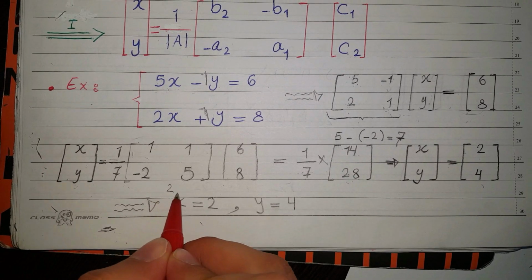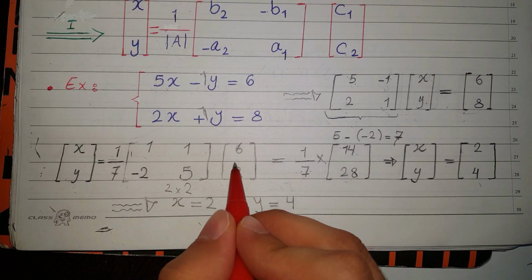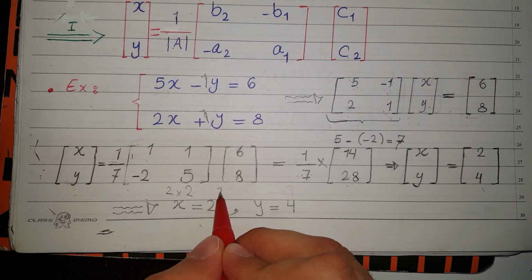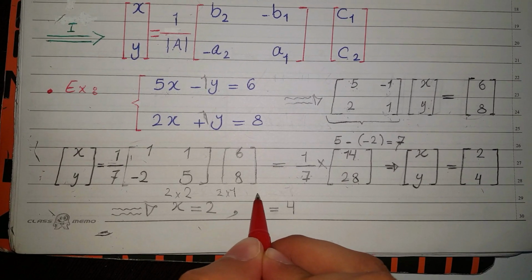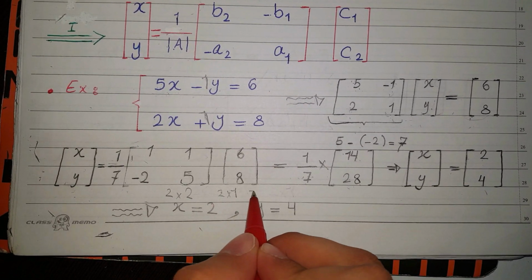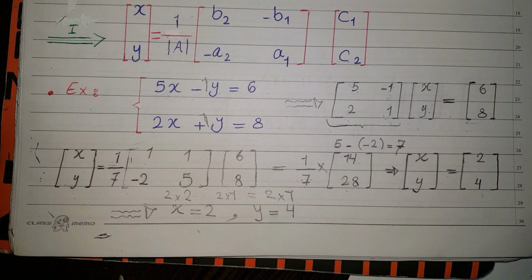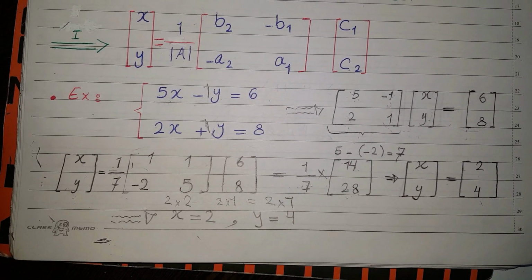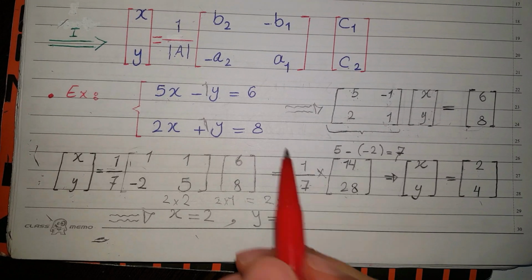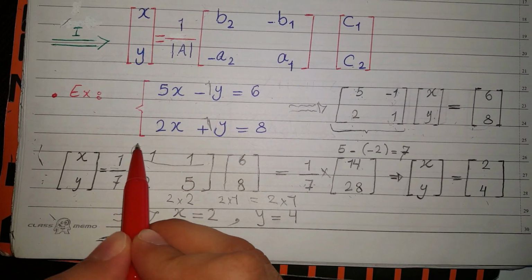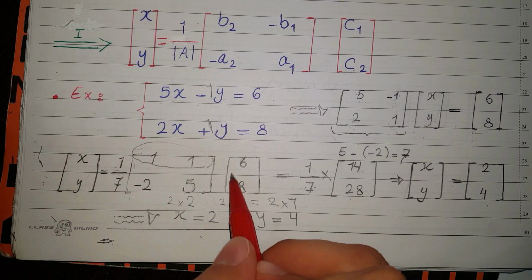This is a 2 by 2 matrix and this is a 2 by 1 matrix, and the answer is going to be 2 by 1. Actually it's going to be a vertical matrix itself. So we're going to multiply the first row by this column.